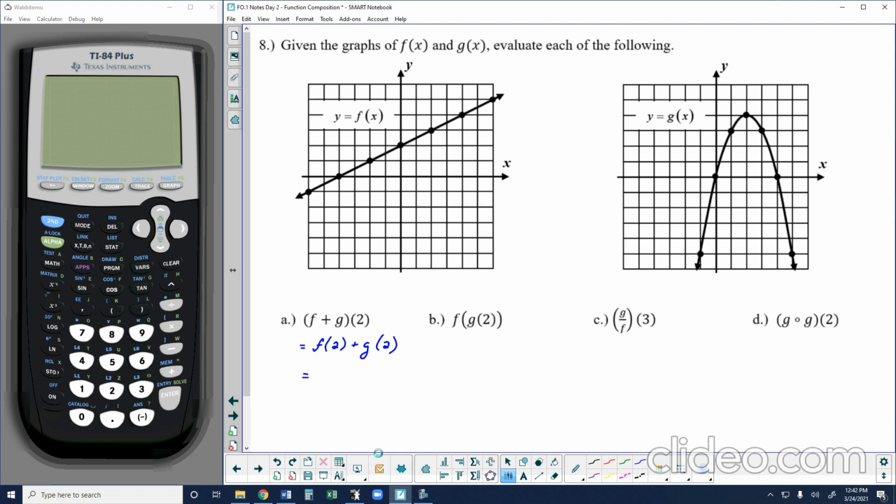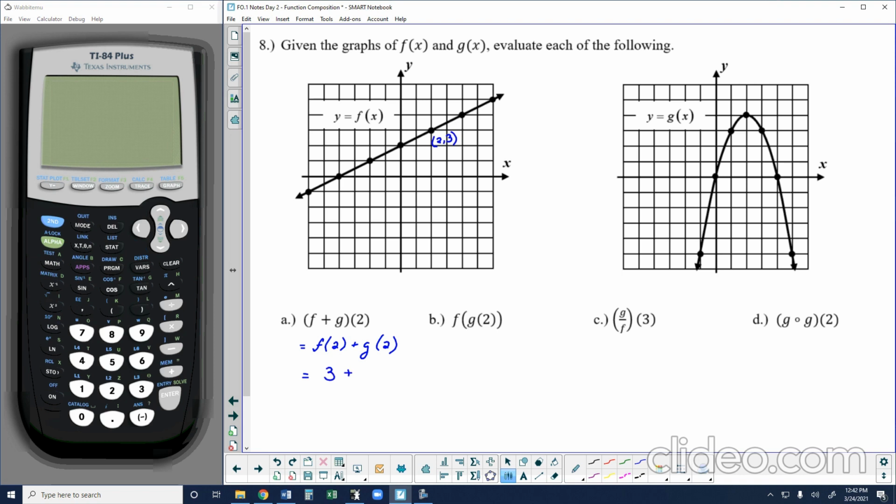Now remember, f of 2 is referring to the y-coordinate where x is 2 on the graph. So we're going to assume that these graphs are in increments of 1. And so I would have a point on f of x that is 2, 3. So that means f of 2 is 3.